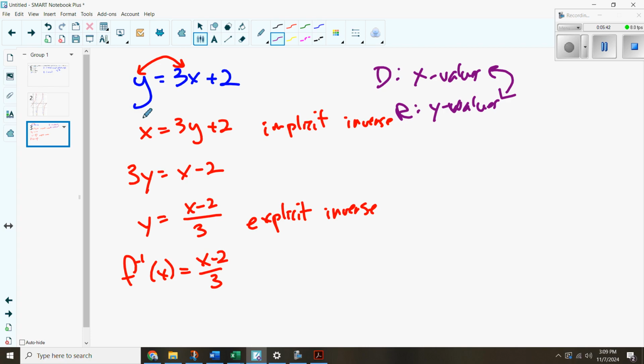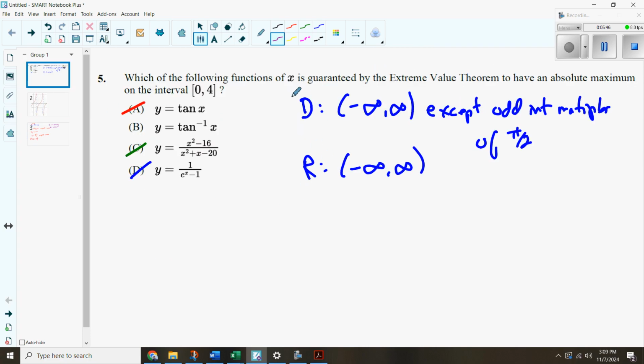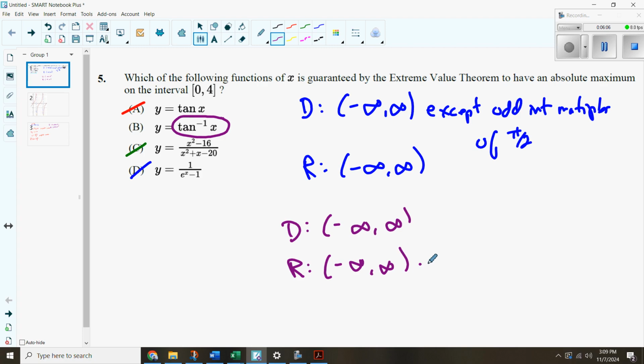So let's go back to our problem here. This is the domain and range of the tangent function. Well, we want the inverse tangent function. So the domain of the inverse tangent function is going to be negative infinity to infinity, and the range of the inverse tangent function is going to be negative infinity to infinity, except.